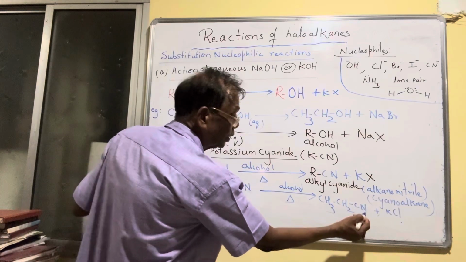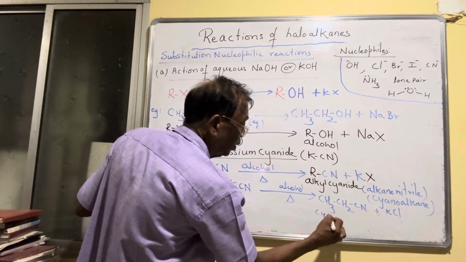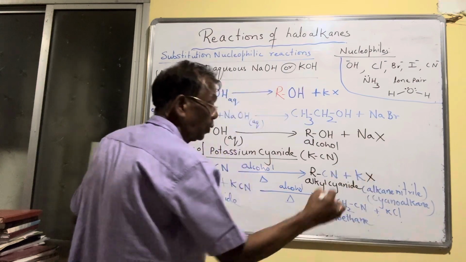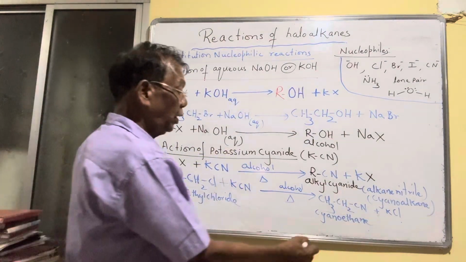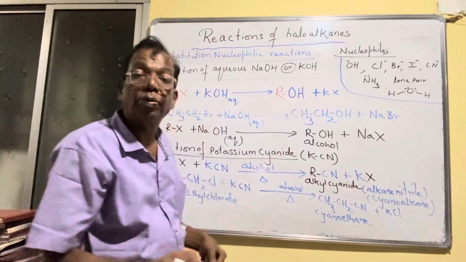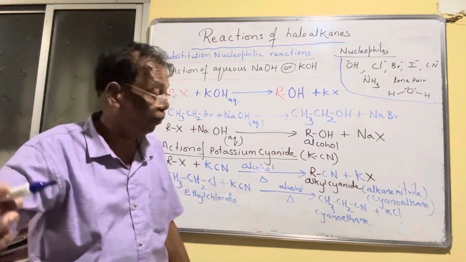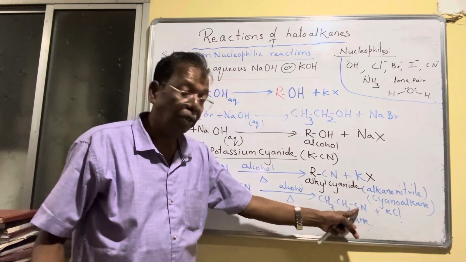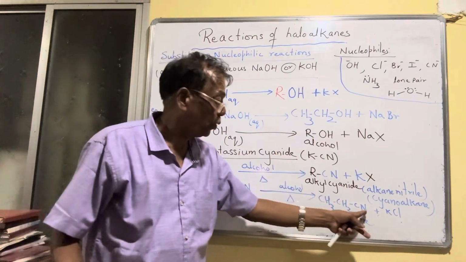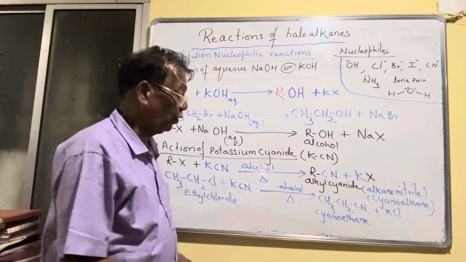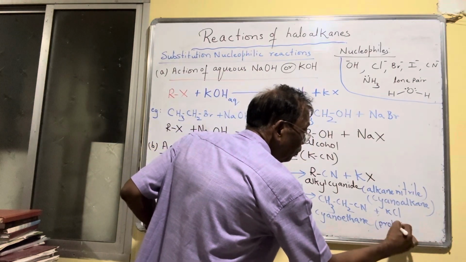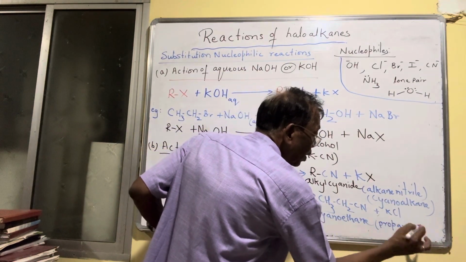Now what is the name of the compound that I am explaining? One name will be cyanoethane. In terms of nitrile, when I call it nitrile, you count the number of carbons here, 1, 2, 3. All 3 carbons you take, and nitrogen you take as nitrile. Therefore the other name will be propane nitrile.